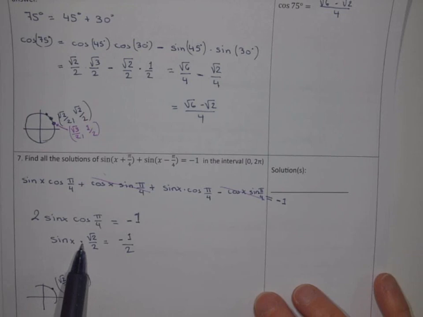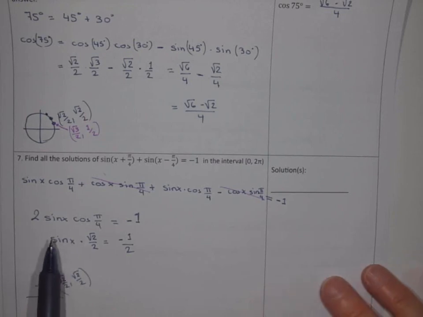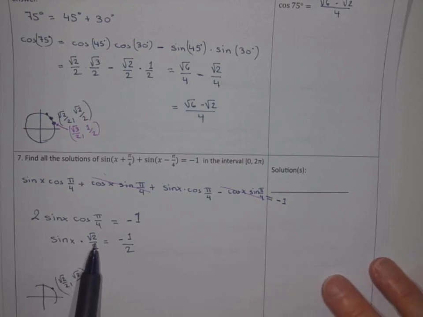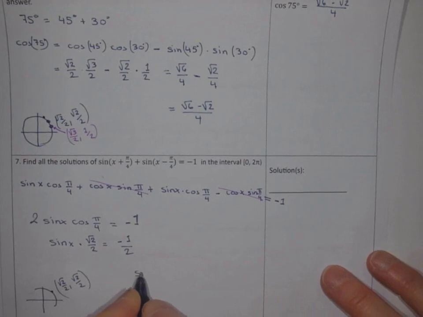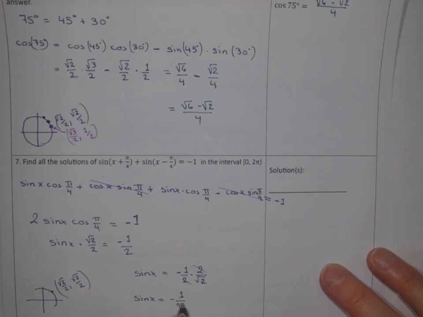Now I want to get my sine by itself, so I'm going to multiply by the reciprocal of that. So I'm going to have sine of x equals negative 1/2, and then multiply by the reciprocal, so multiply by 2 over square root of 2. Well, those two cancel. We have a negative 1 over square root of 2, so sine of x is equal to negative 1 over square root of 2.